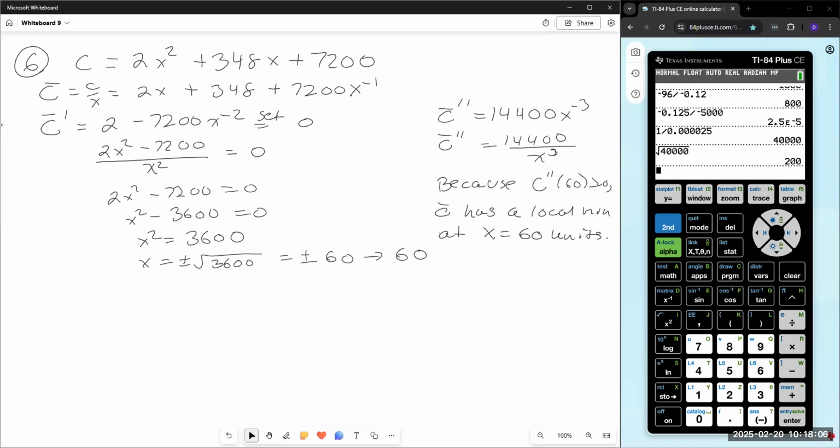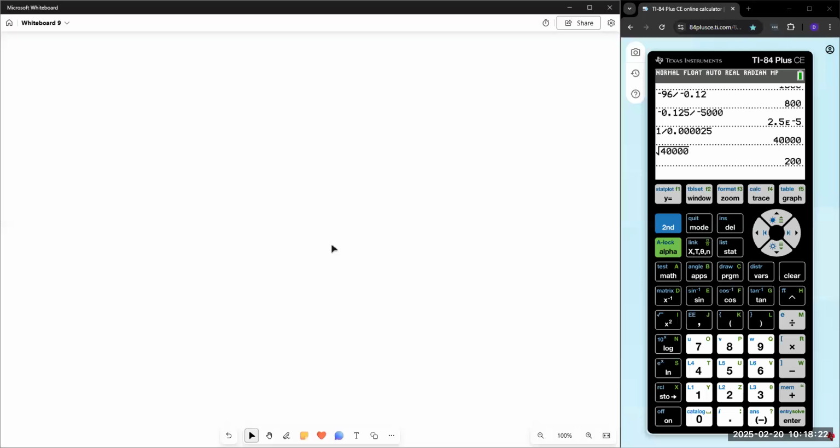Let's look now at number 7. Number 7 says C is equal to 0.001x to the third plus 5x plus 250.